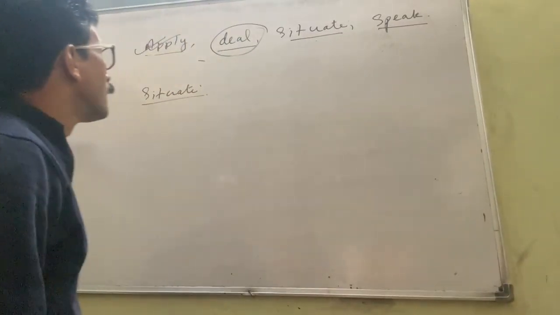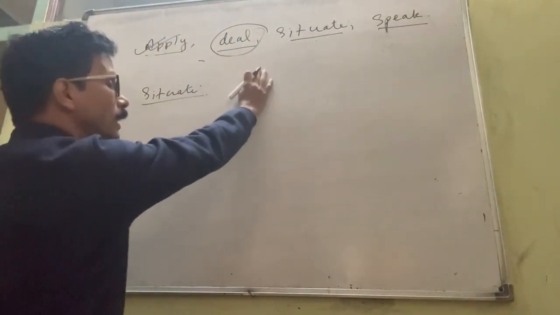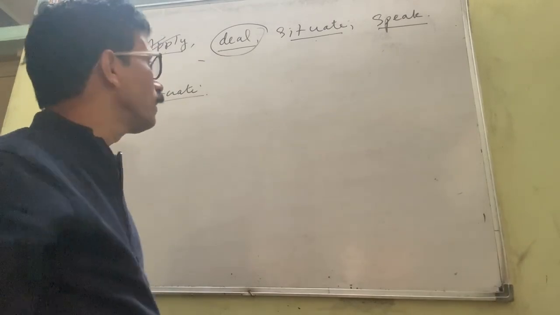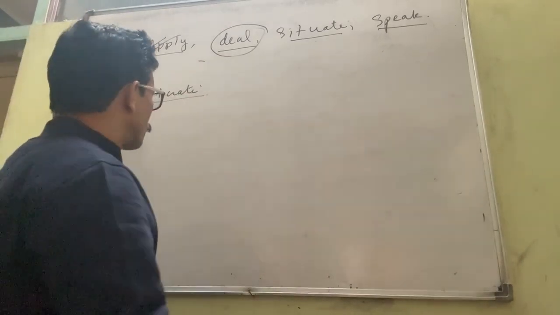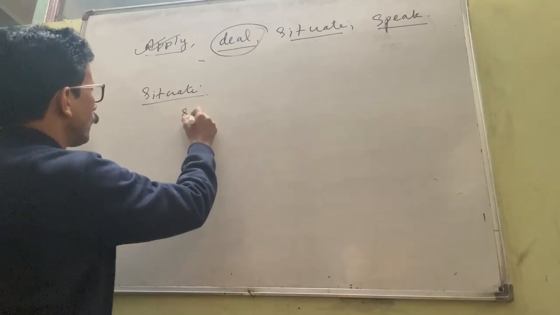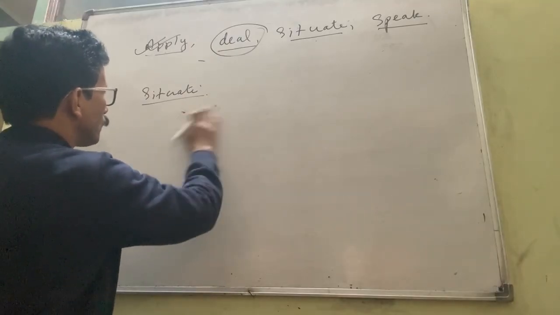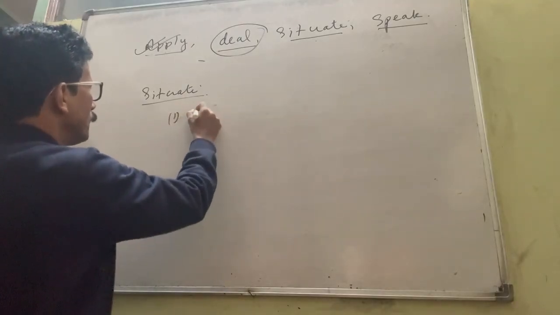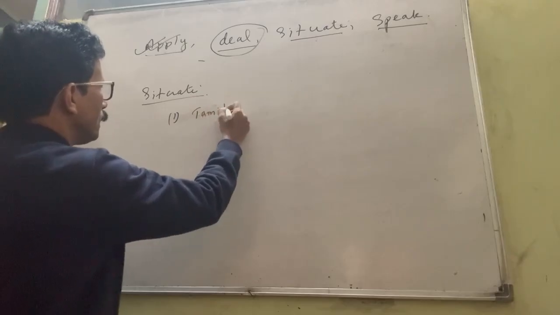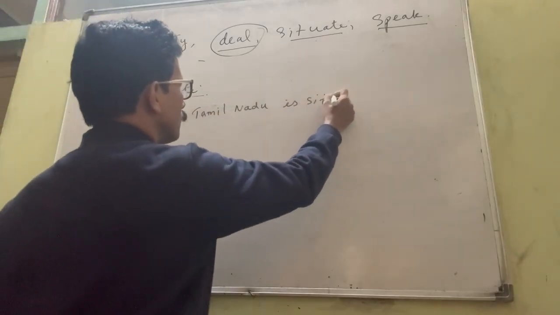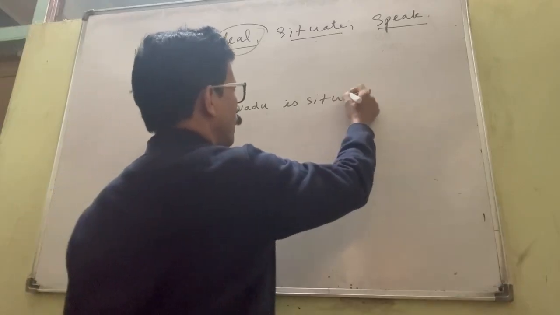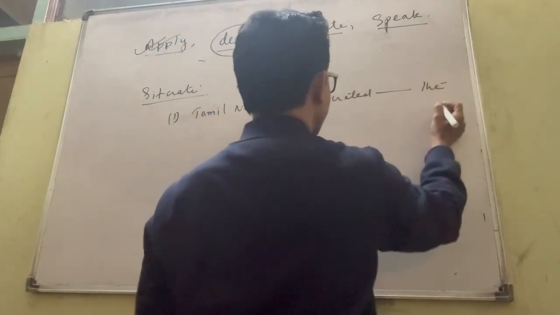After understanding the usage of deal in or deal with, we will proceed to the next word, that is situate. Situate, S-I-T-U-A-T-E, situate. I'll write one sentence now. Tamil Nadu is situated dash the south of India.